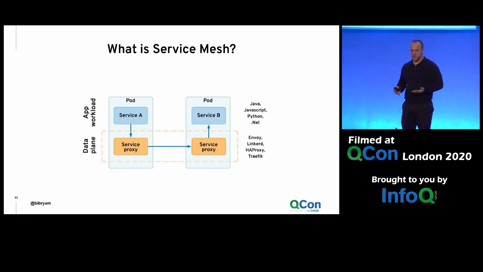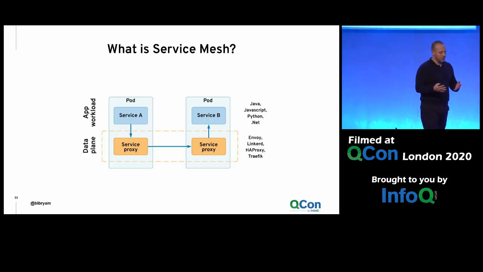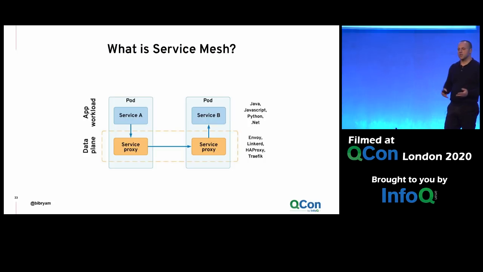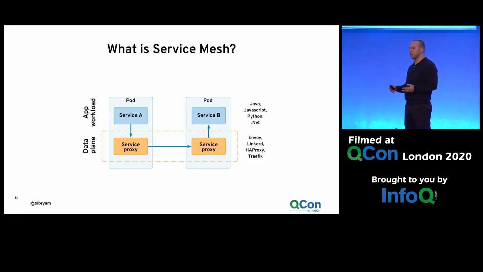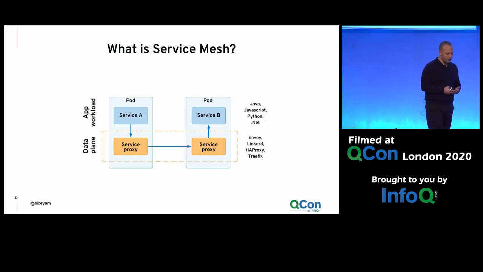What a service mesh does is, using sidecar controllers, it injects a proxy next to our service. So you end up with two containers in the pod, and the proxy is a transparent one. Your application is completely unaware that there is a proxy intercepting all incoming and outgoing traffic. The proxy also acts as a data firewall.